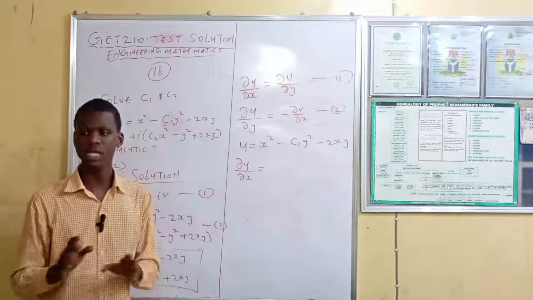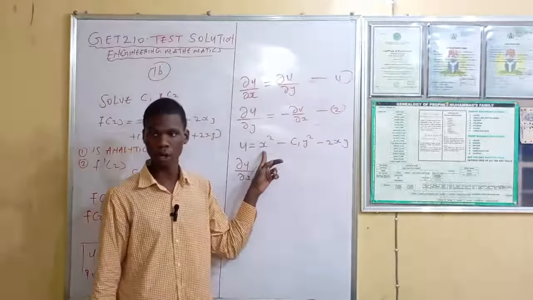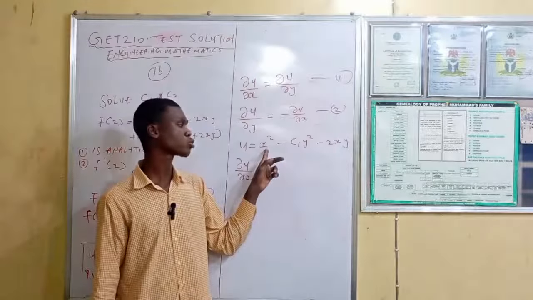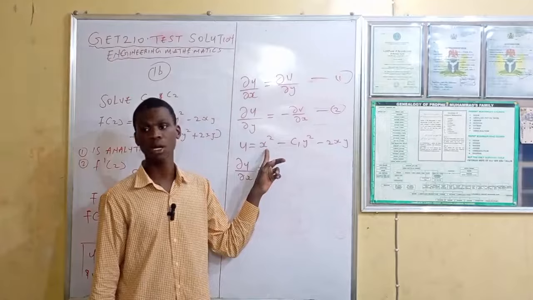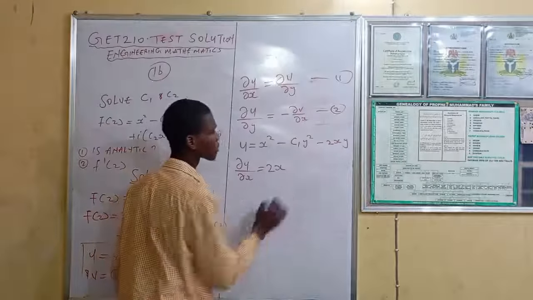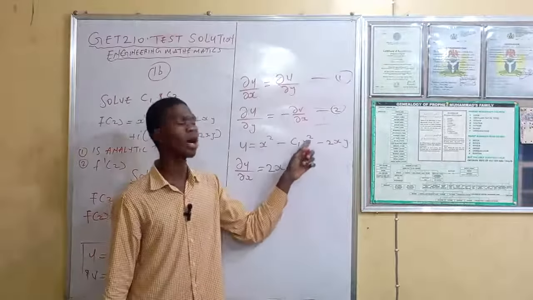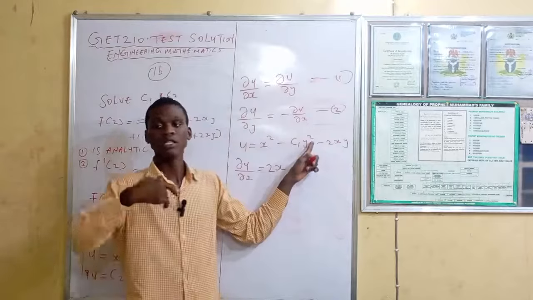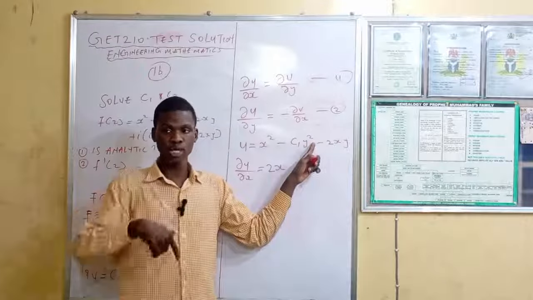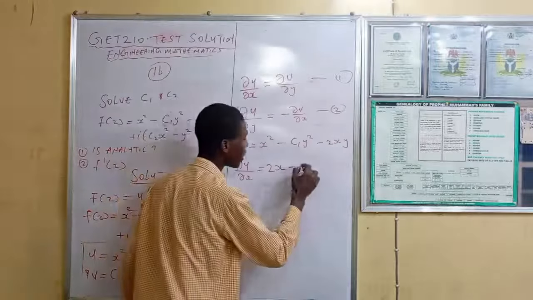They are not included, 0. You understand? For the first one, I'm seeing x squared. By the time I differentiate x squared, what will I get? That will be 2x, right? Minus, moving on, I'm seeing c1 and y squared, and I'm doing derivative of u with respect to x. So I'm taking this as a constant, that is minus 0.